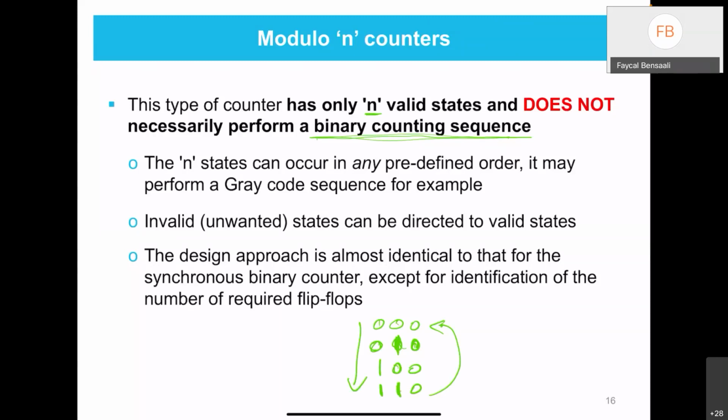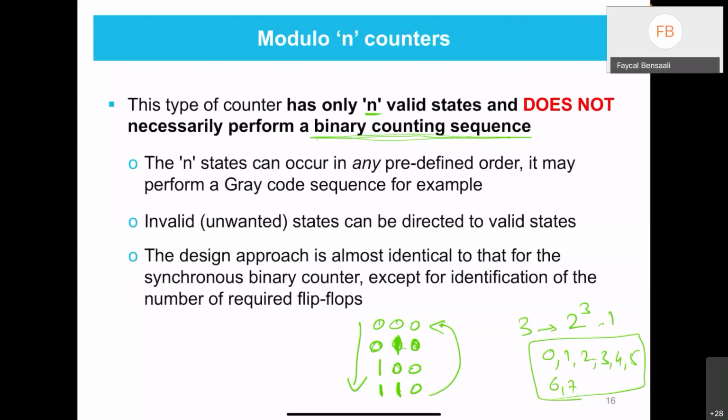So I have 3 bits, but I'm not using all states. With 3 bits, I can have up to 2 power 3 minus 1. I can go up to 7. So I can have 0, 1, 2, 3, 4, 5, 6, 7. I'm not using all states here.